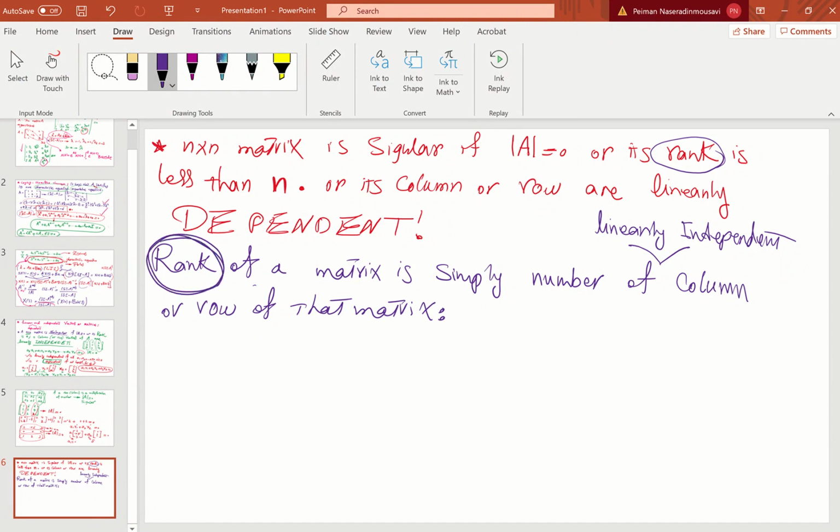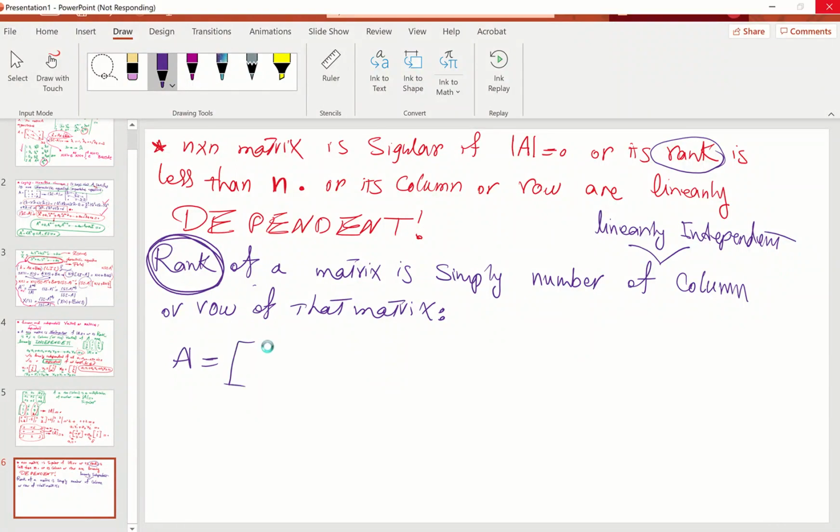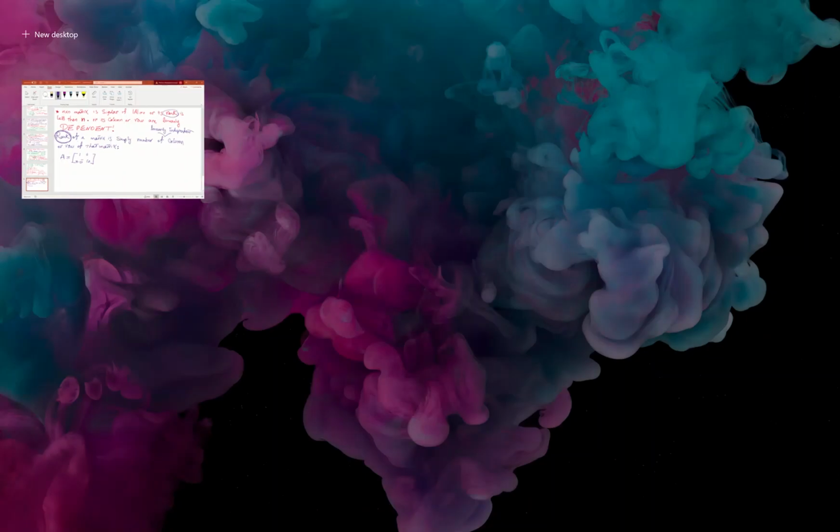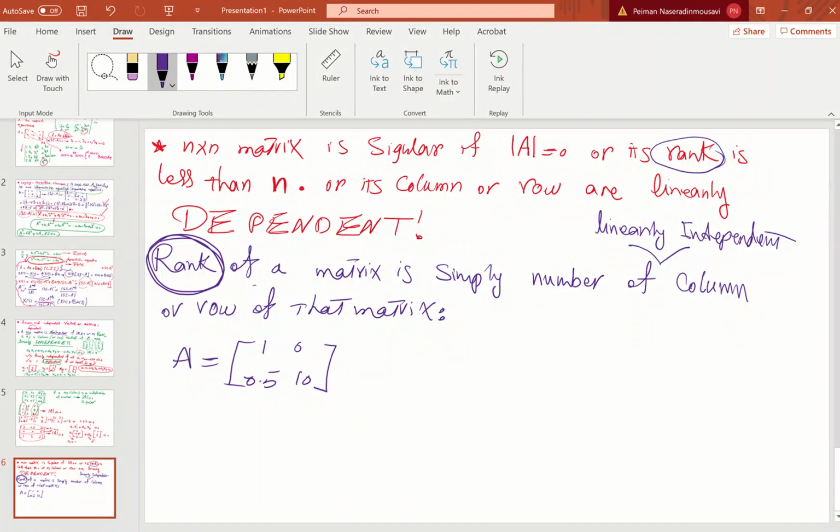Rank of a matrix. Suppose for this matrix that is 1, 1, 0, 0.5 and 10, no doubt that the rank of matrix A is 2. Why?